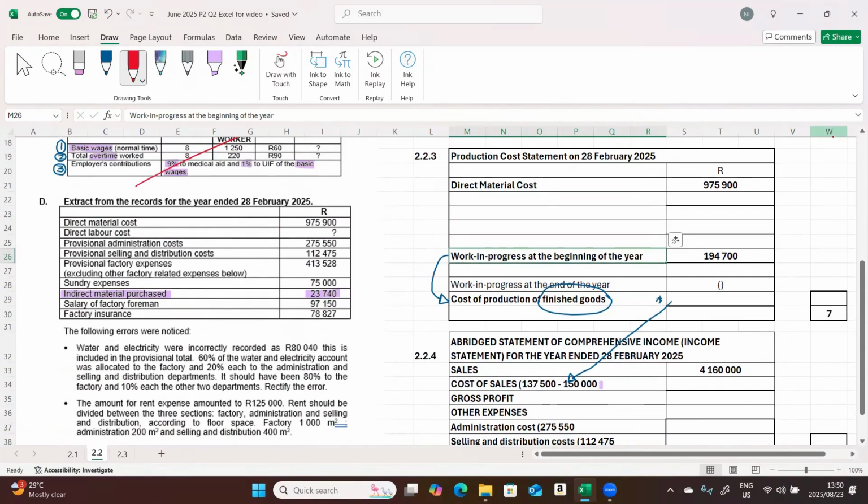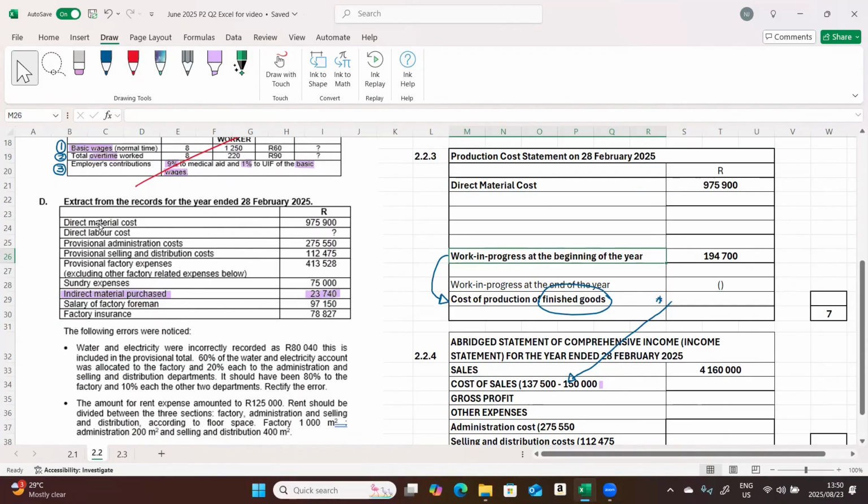This is the extract from the records for the year ended 28 February 2025, and here we can see all of our costs. We already accounted for indirect materials purchased in our factory overheads. Now let's go through all of this.